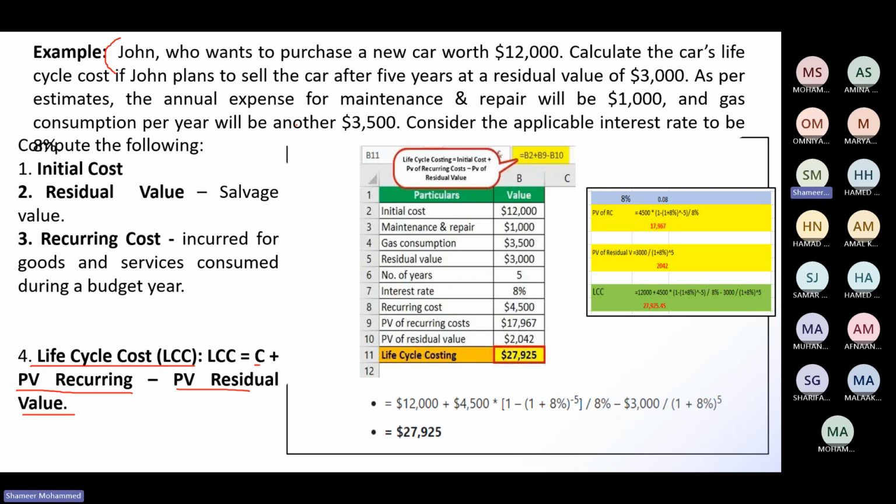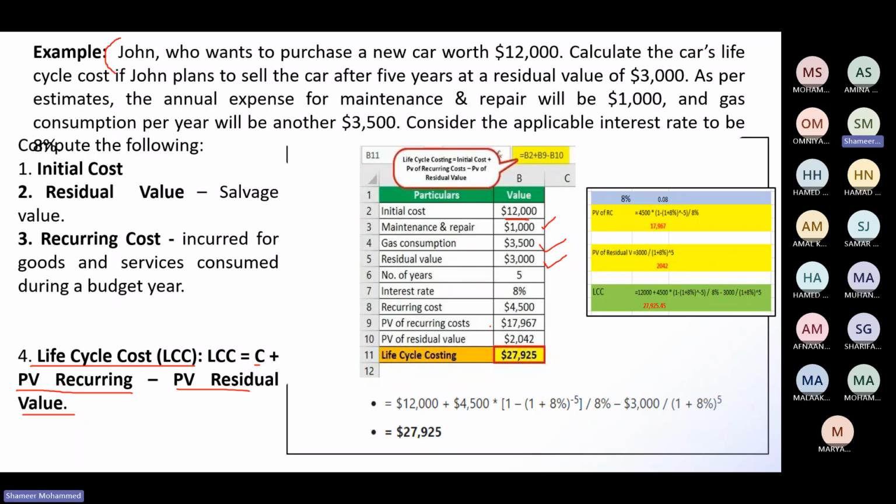Now here the initial cost of your project is $12,000. Maintenance for every year: for repair 1,000, for gas 3,500, and residual value is 3,000. The interest is 8%, and you have taken the loan for 5 years.